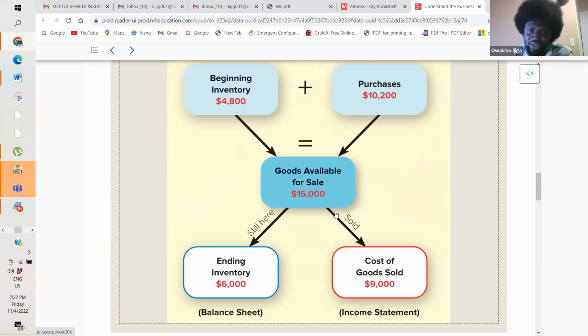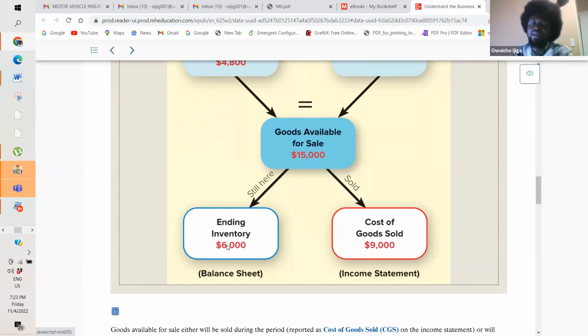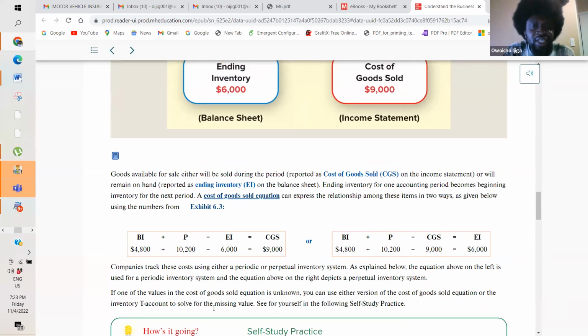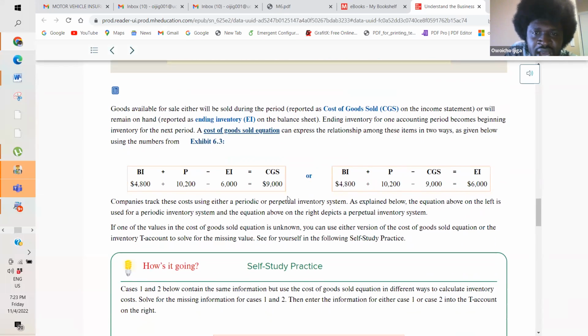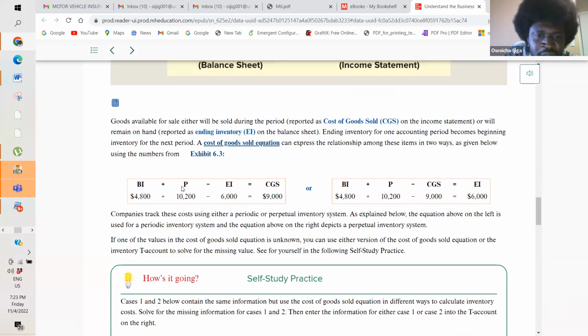If you sell them, there's a cost that is going to come on you for selling those goods, some portion of it or even all of them. And then the remaining balance, we call that the ending inventory, EI. So this is the cost of goods sold equation: beginning balance plus the purchase minus the ending inventory is equal to the cost of goods sold.